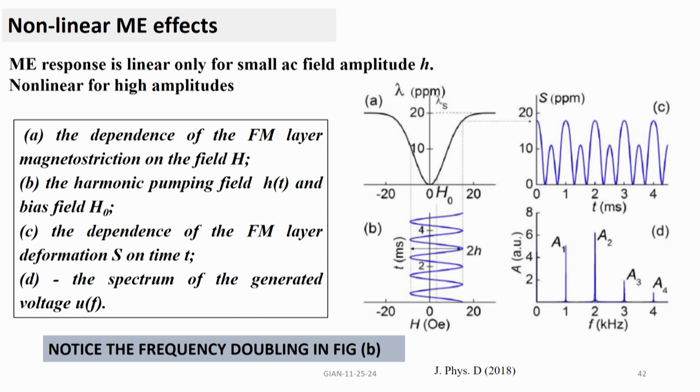Okay? So that would mean in the positive half of the AC field, you will get this spike here. In the negative half, you get a similar spike, maybe of lesser amplitude, because the way this is shown, it is not symmetric with respect to zero field. It is shifted slightly to the right.